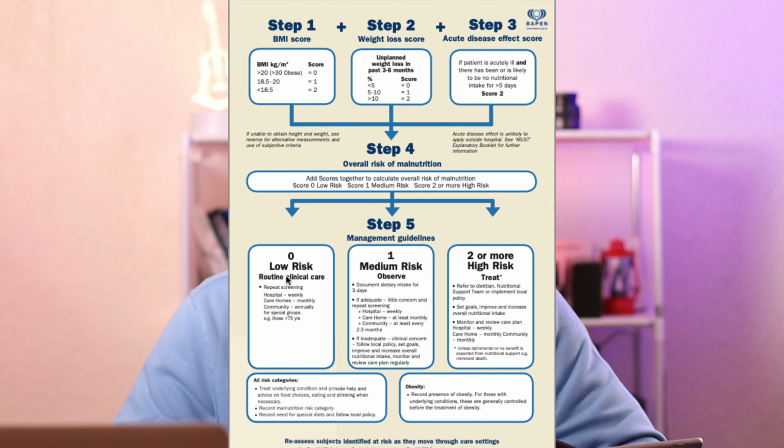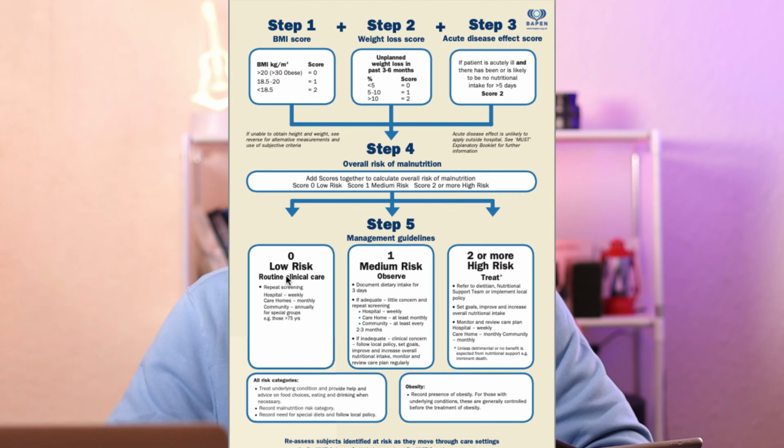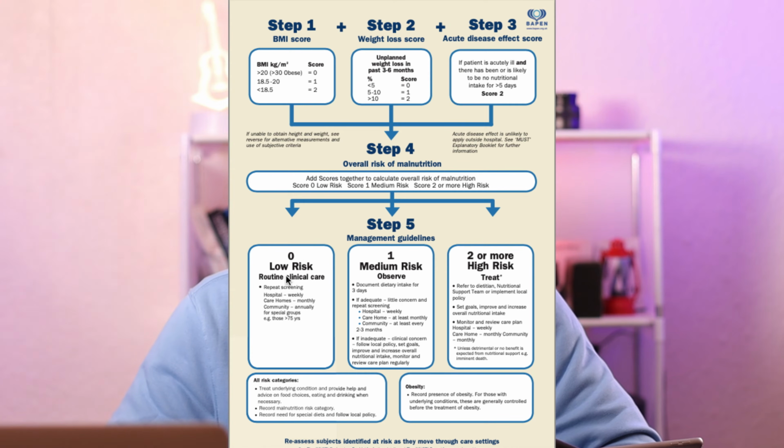Therefore, you would have to refer to a dietitian if the patient is an inpatient. And then if it's in the community, then you have to refer to the nutritional support team or implement a local policy. You set goals to improve and increase overall nutritional intake. You monitor and review care plan. If it is a hospital, it's weekly. If it is a care home, it's monthly.